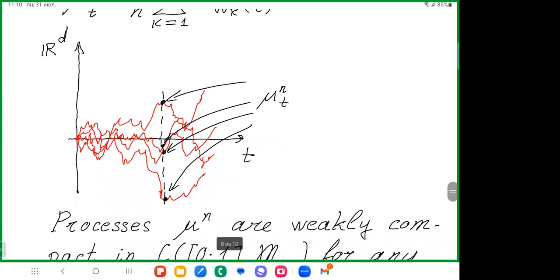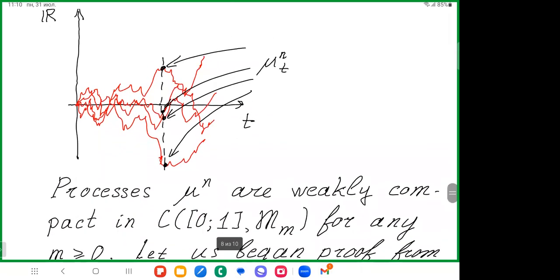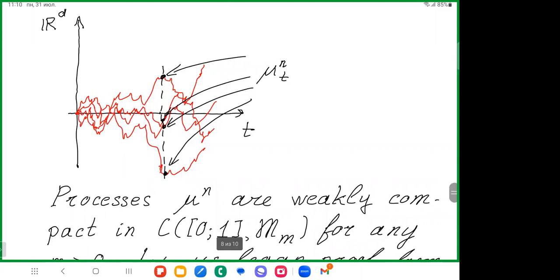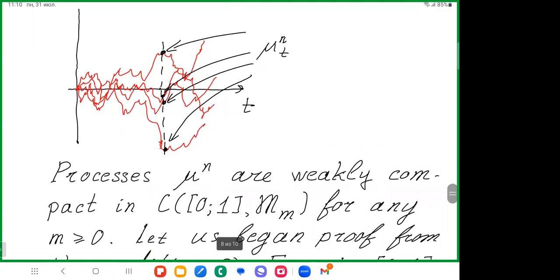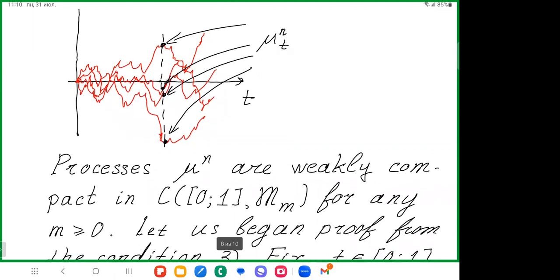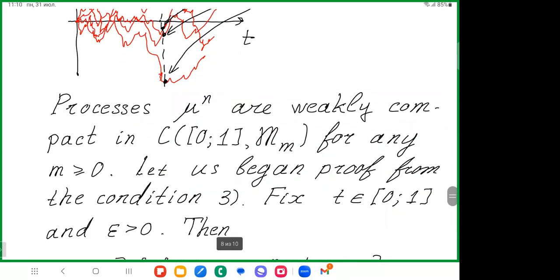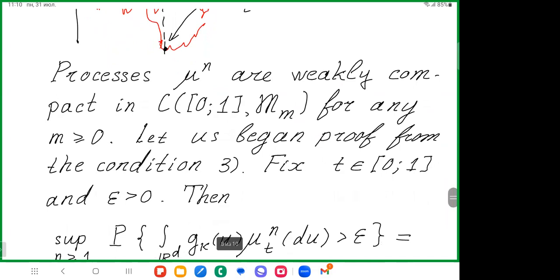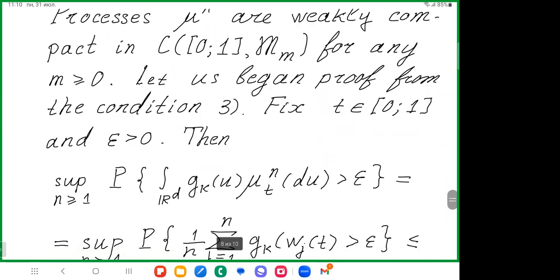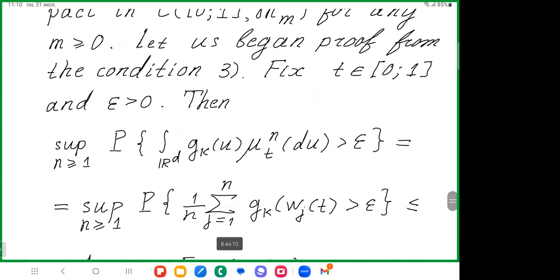Now let us check that the processes mu_n are weakly compact in C[0,1] for any m greater than 0. Let us begin the proof with the conditions. Fix t which belongs to [0,1] and epsilon greater than 0. Then this sup is equal to the following.